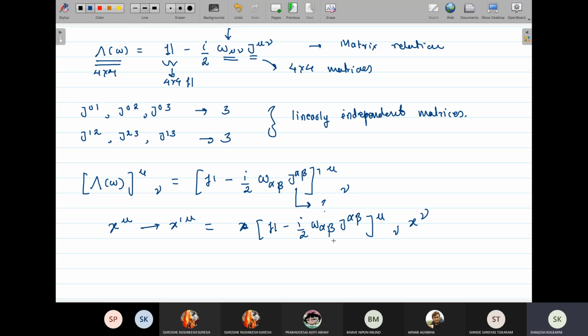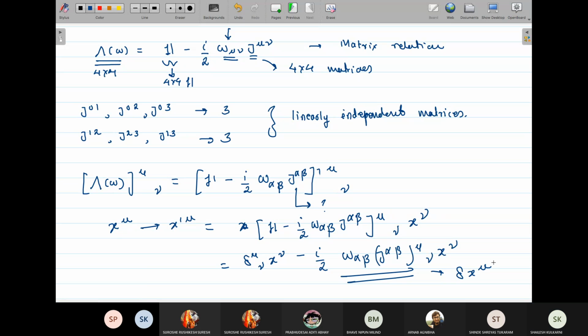So x prime mu will be the mu-nu-th entry of this times x nu. So what will be the multiplication? The mu-nu-th entry of the identity matrix will be delta mu nu x nu. So that will be just x mu, minus i by 2 omega alpha beta J alpha beta. Now this mu nu will attach where? Not on this, because these are just numbers. It will attach to this mu-nu-th entry x nu. So this part will be your delta x mu.